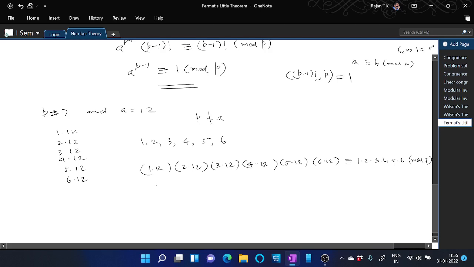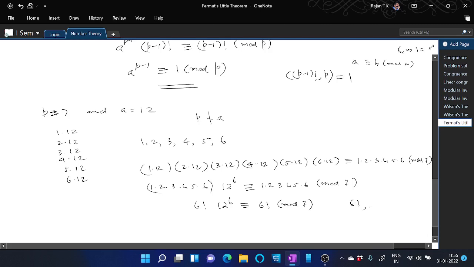That is 1 into 2 into 3 into 4 into 5 into 6, which is actually 6 factorial, into 12 raised to 6. There are six 12s here. This is congruent to the product 1, 2, 3, 4, 5, 6 mod 7. That is, 6 factorial into 12 raised to 6 is congruent to 6 factorial mod 7.